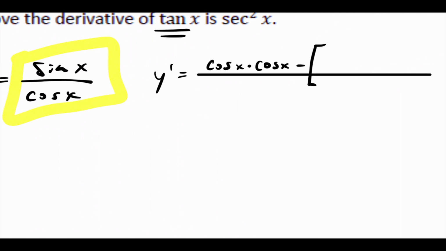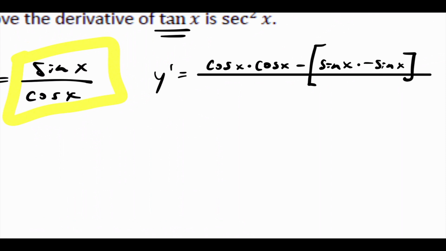What's the high? Sine times the derivative of the bottom. So high d low, derivative of the low. What's the derivative of cosine? Negative sine.